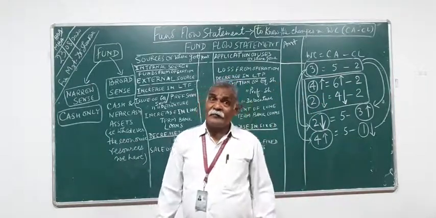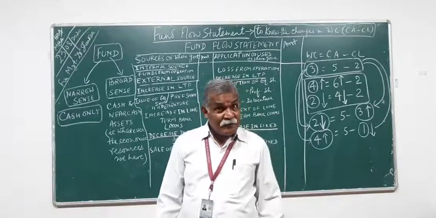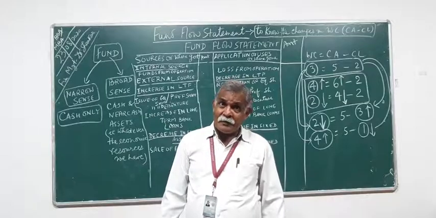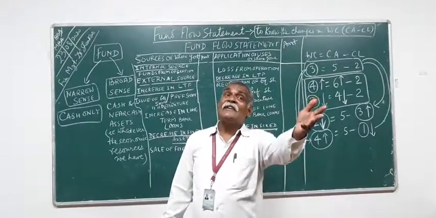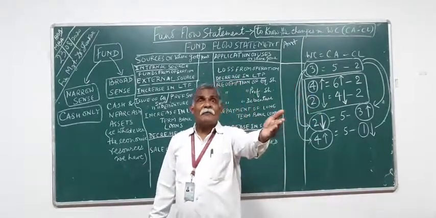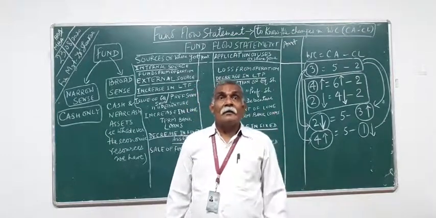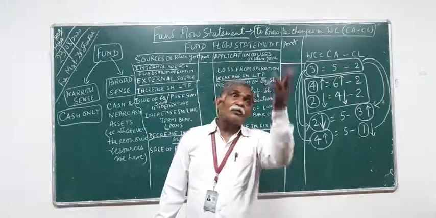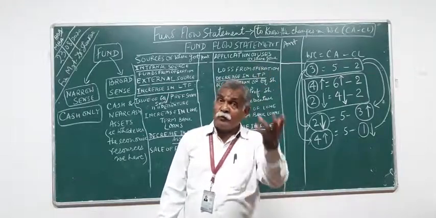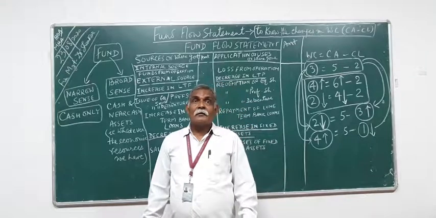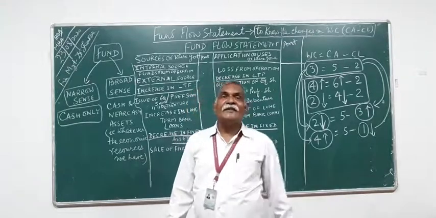Non-operating loss, loss on sale of fixed assets, loss on sale of shares and debentures, we consider as expenses in the PL account, and by that amount your net profit is decreasing. Loss due to theft, fire, earthquake, flood, natural calamities, and by that amount your net profit is decreasing.